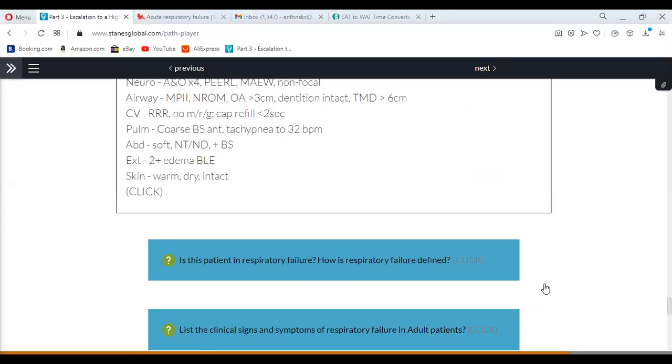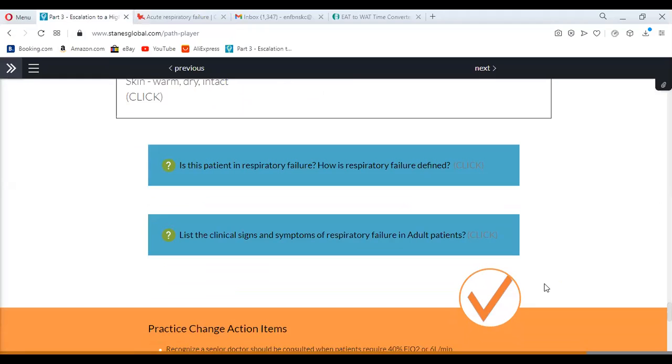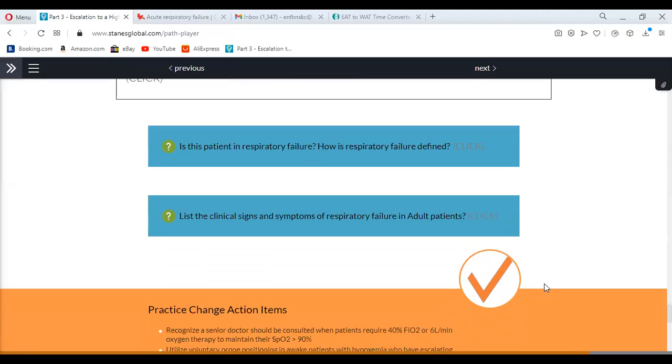So the other question is, now that we know that we need to rely on the clinical signs, can we list the clinical signs and symptoms of respiratory failure in adult patients? Let's give ourselves about 45 seconds.